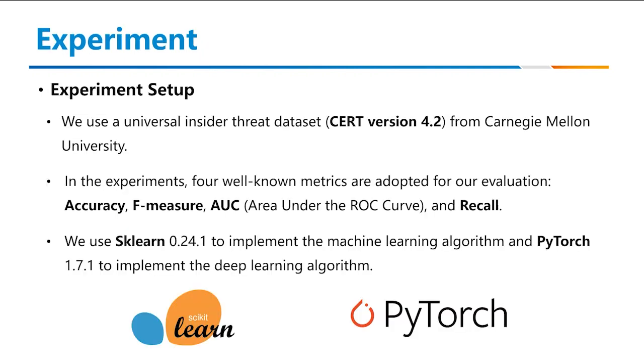In our experiment, we use the Universal Insider Threat dataset. This dataset consists of multi-source activity logs of 1,000 users and 1,003 computers over a period of 17 months. The multi-source activity logs contain user login, removable device usage, file access, email communication, and web browsing history.